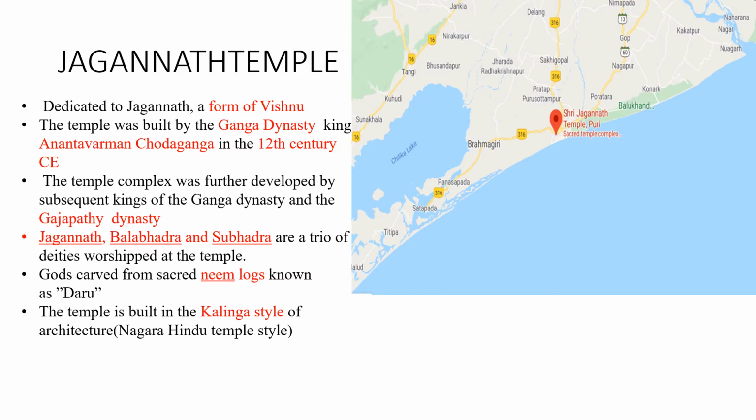When we get into the basics of the Jagannath Temple, first let's look at its location. Jagannath Temple is very close to the coast of the Bay of Bengal, in the state of Odisha, and you could find a place called Konark, where you have the famous Konark Sun Temple.